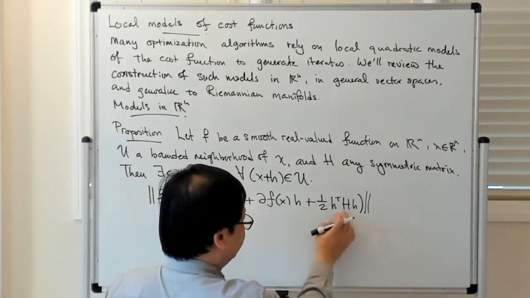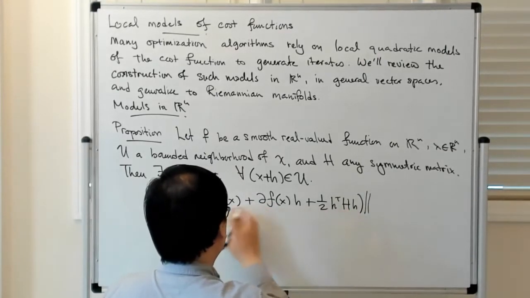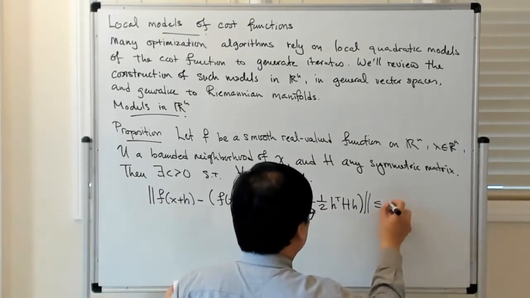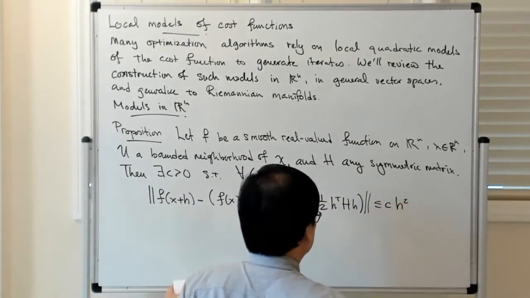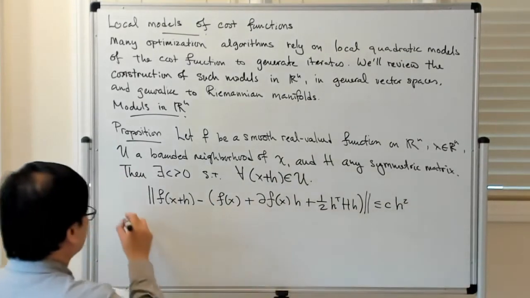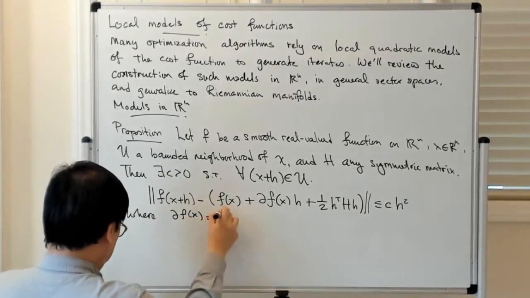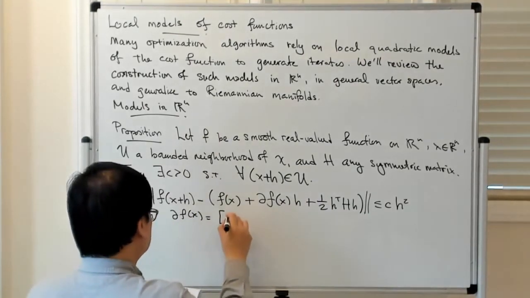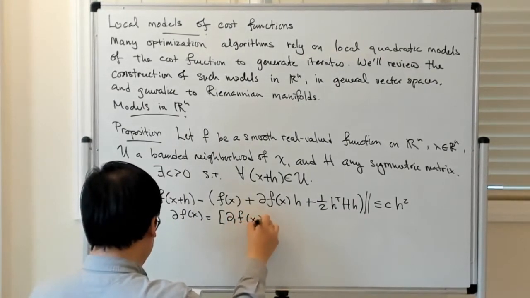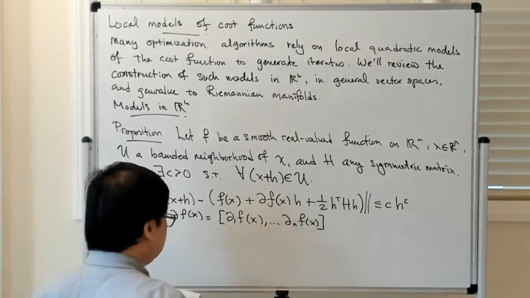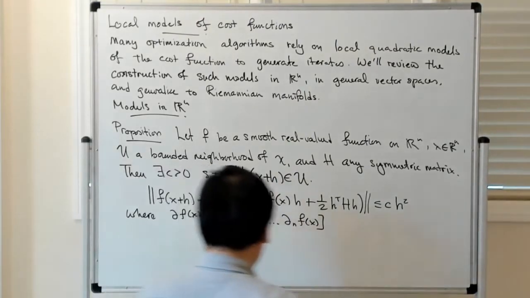If this H isn't the Hessian, then in general this is only going to be a good linear model, and the error in that case is going to be bounded by some constant times norm of h squared, where the derivative of f at x is this vector of first partials, d1 f(x), ..., dn f(x). So it's like the gradient, basically.